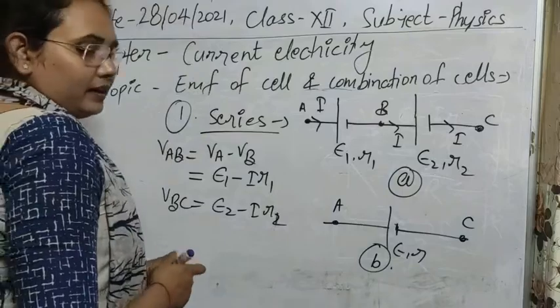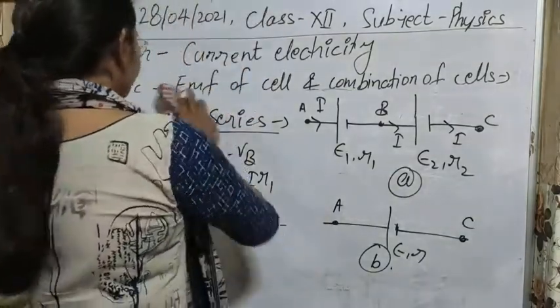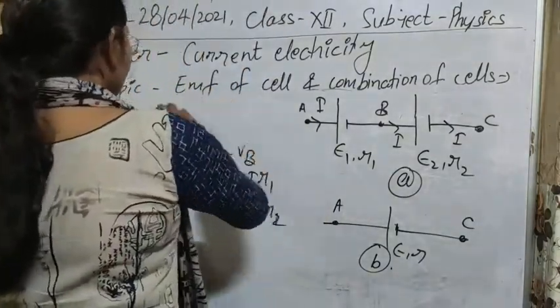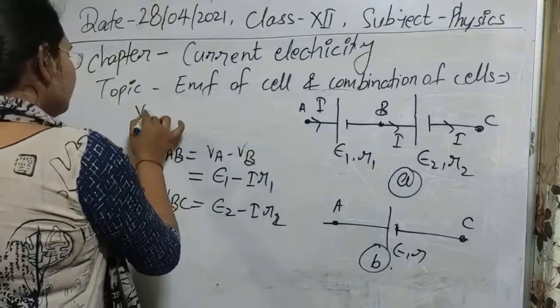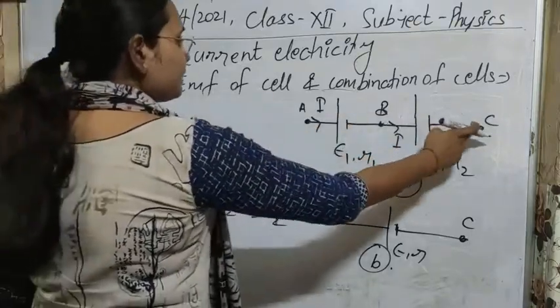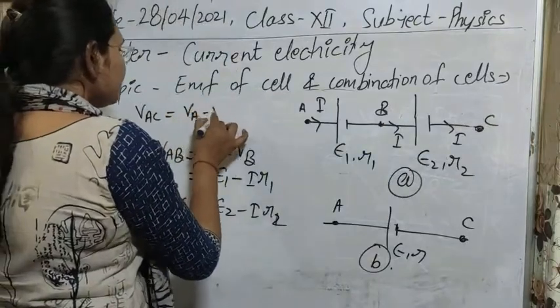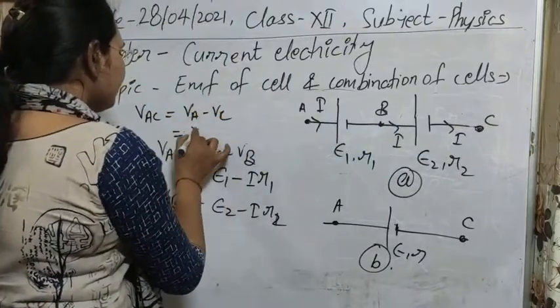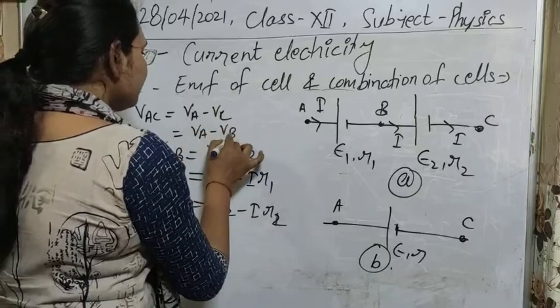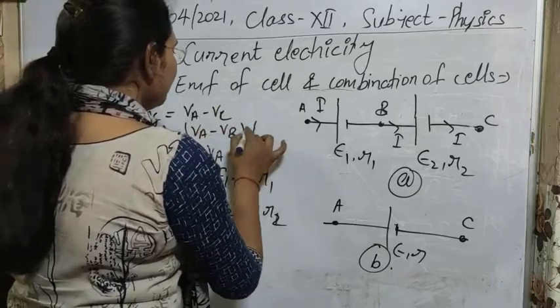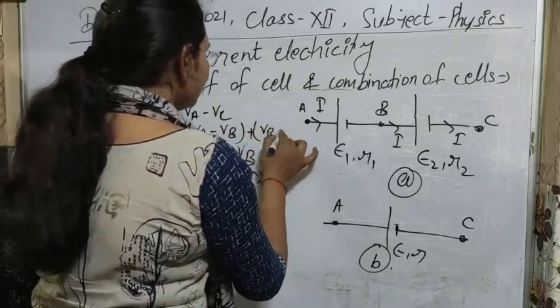Now we can calculate the potential between points A and C in the same figure. We can write VA minus VC as VA minus VB plus VB minus VC.